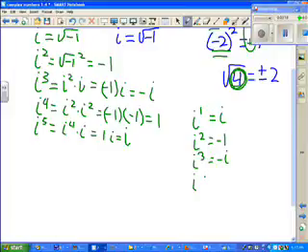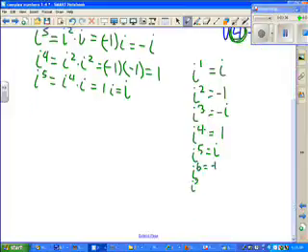And i to the 4th is +1. And then we start over. i to the 5th is i. i to the 6th is -1. i to the 7th is -i. And i to the 8th is +1.